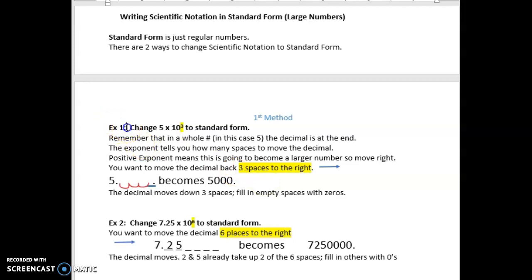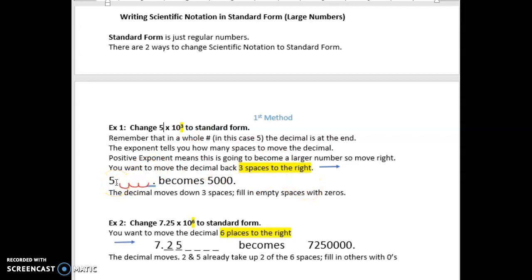So if I had to change 5 times 10 to the power of 3, remember the whole number is 5, and that the decimal is behind the 5. The exponent is going to tell me how many places to move the decimal, and a positive exponent means that I'm going to have a larger number, so I need to move the decimal to the right. The exponent 3 tells me to move the decimal 3 places to the right.